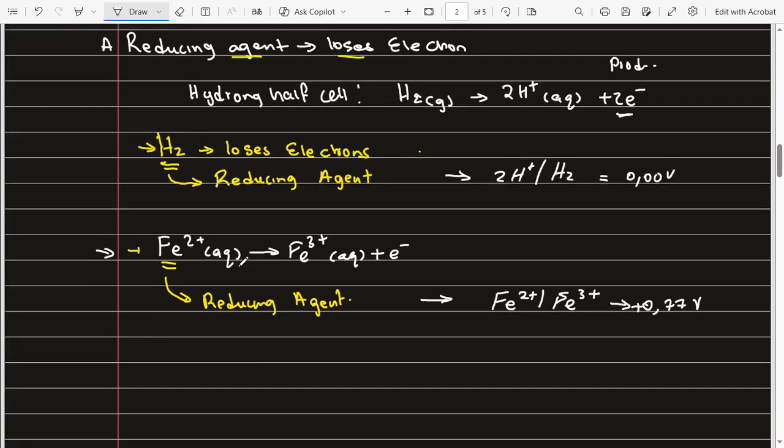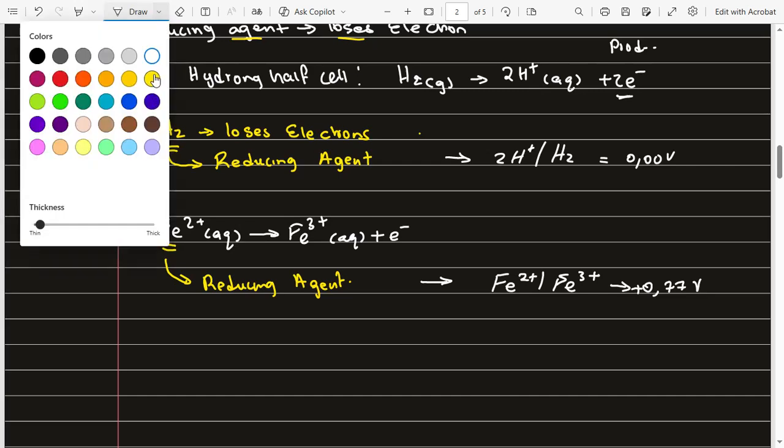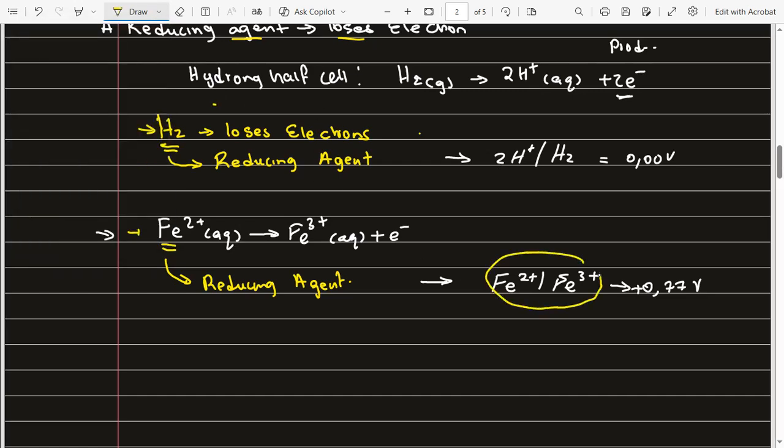Okay, since this one has a more positive value, it has a stronger tendency to be reduced.